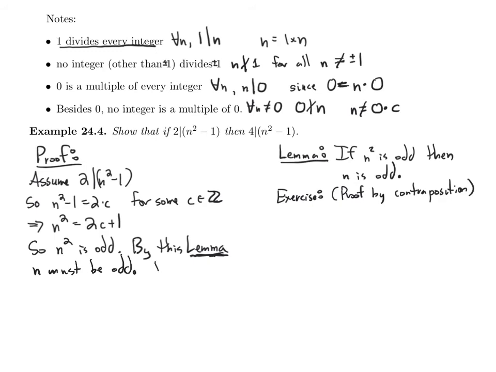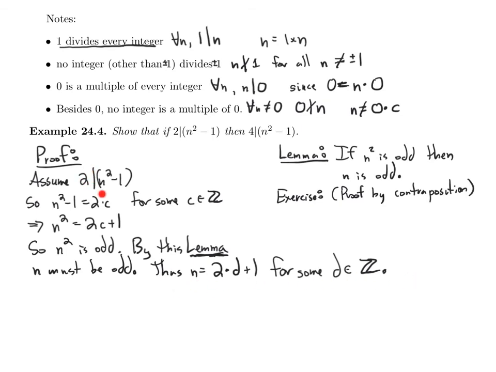So if n is odd, thus we can write n as 2 times some integer, let's call it d, plus 1, for some integer d. Okay, so that's all from the assumption here. So we've used our assumption and we've deduced that n must be odd.